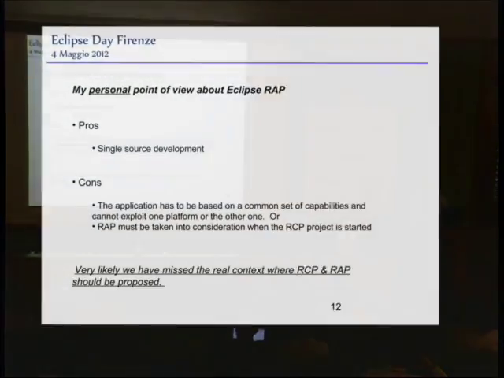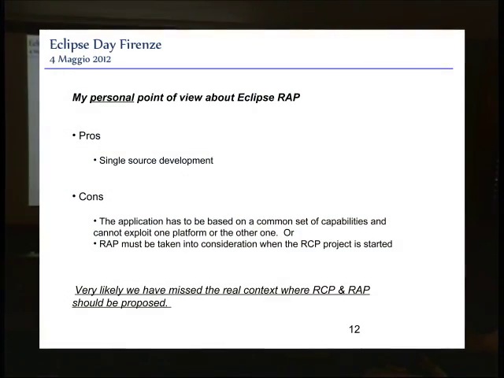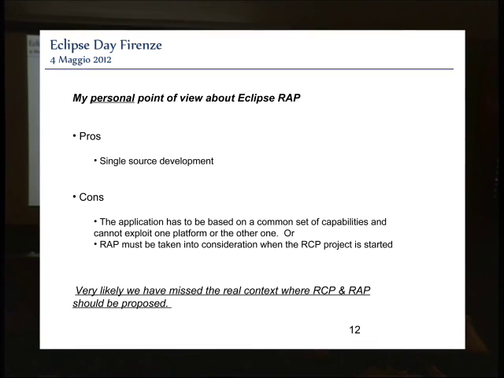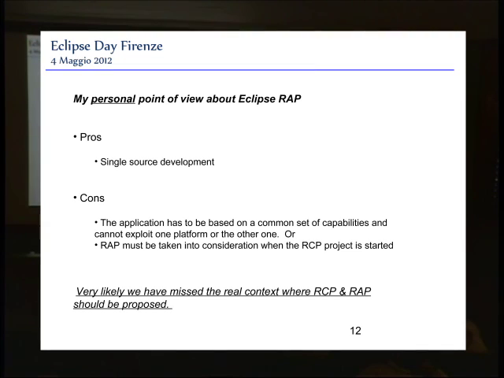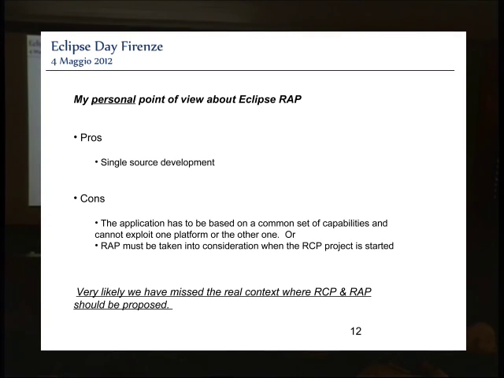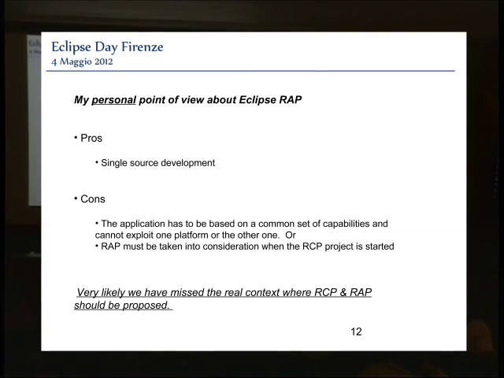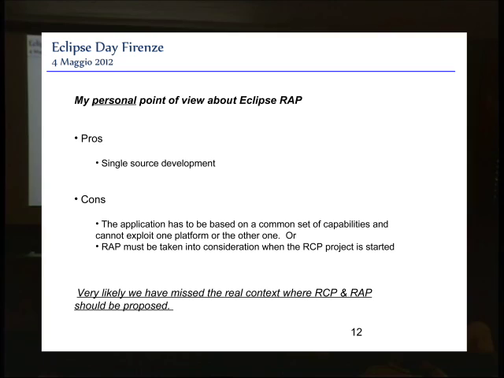And my last chart about RAP. What we appreciated about RAP, and we had the capability to test it, was the single source. We didn't have to develop two different applications, just one source, and we could run on a client, RCP, or on RAP. That was a good point.